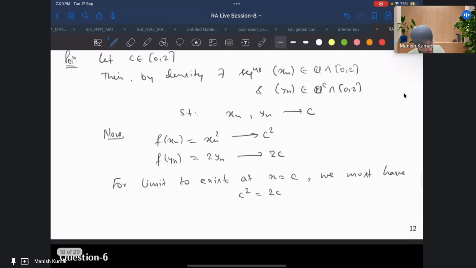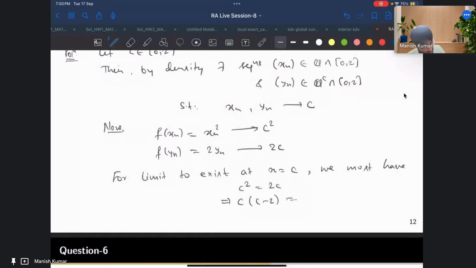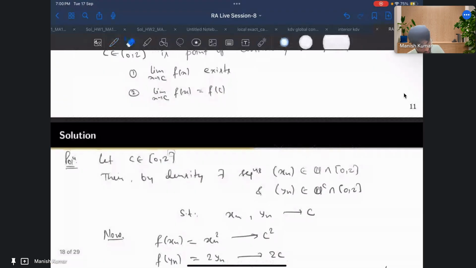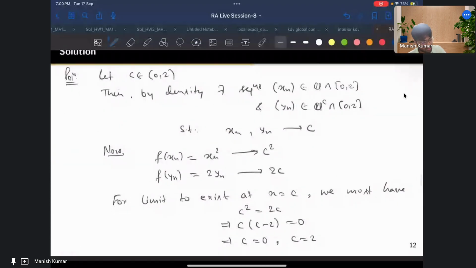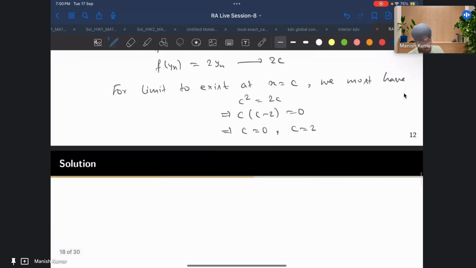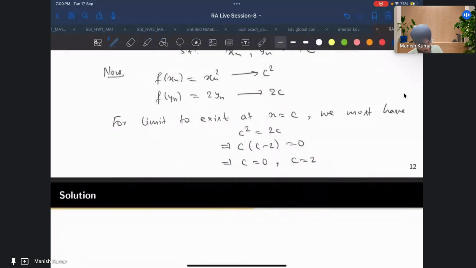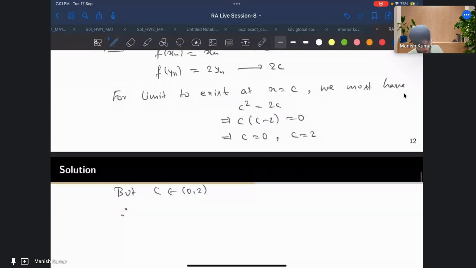If you evaluate here, you get c times (c minus 2) equal to 0, which gives c equal to 0 or c equal to 2. So if I choose my c from the open interval, this gives a contradiction. This proves that for c belonging to (0, 2), c not equal to 0, the limit of f of x as x goes to c does not exist, right?